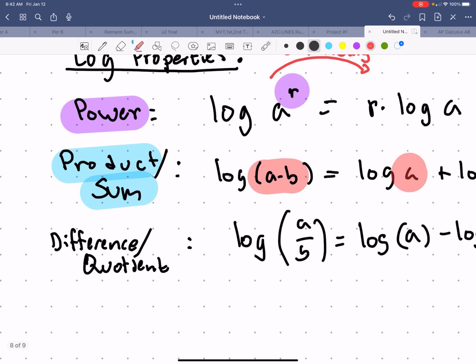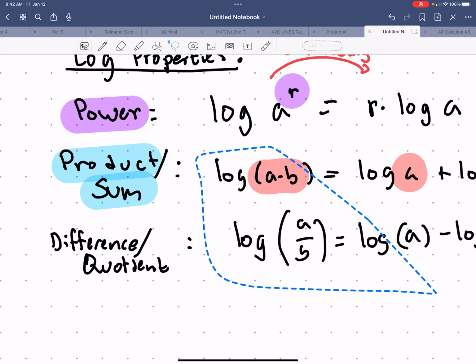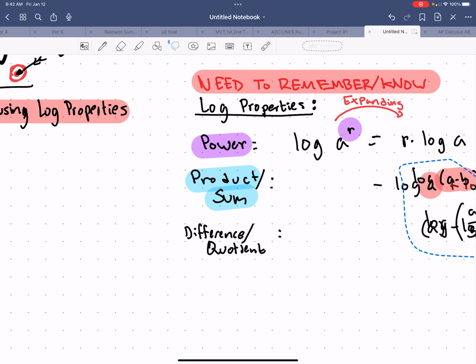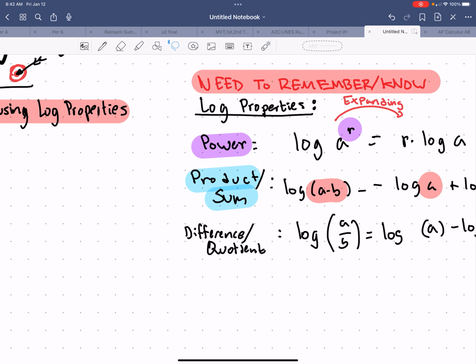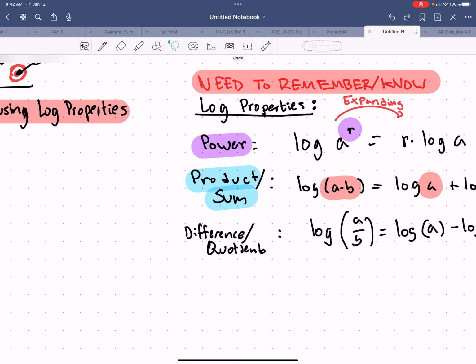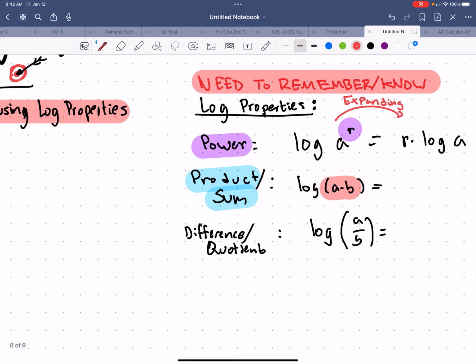So it's gonna be log A plus log B, but it's cut off. I don't know why it's cut off. Let me try and fix this. It's ruined. I'm sorry, guys. Let me just erase this and rewrite it for you guys. I'm just gonna rewrite it real quick. So it's gonna be log A plus log B. All right, that's what that equals.